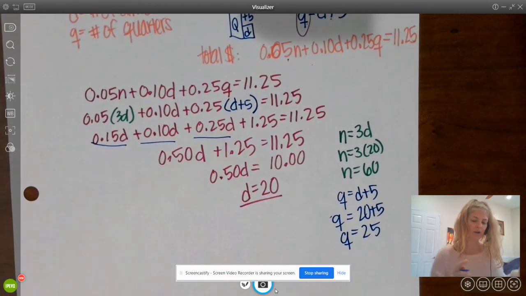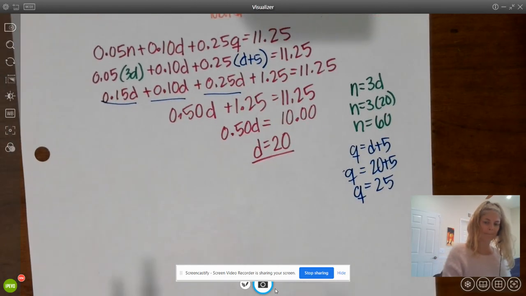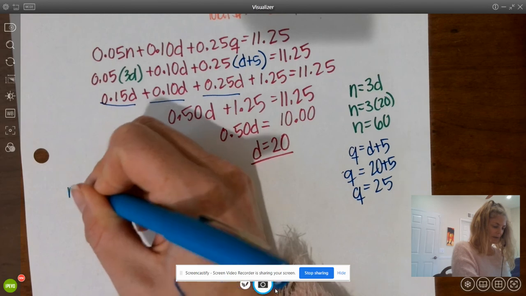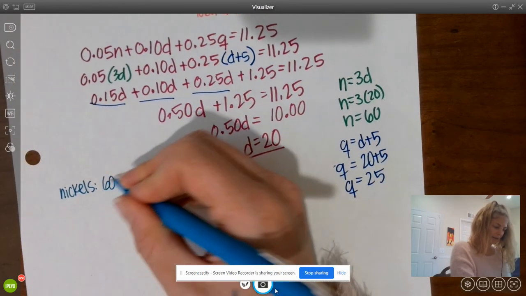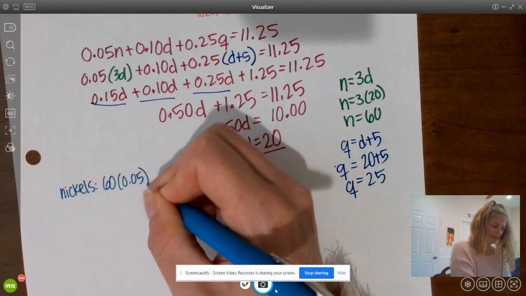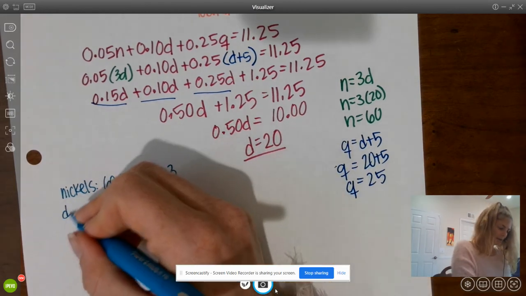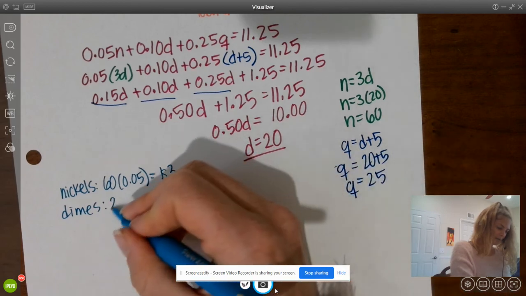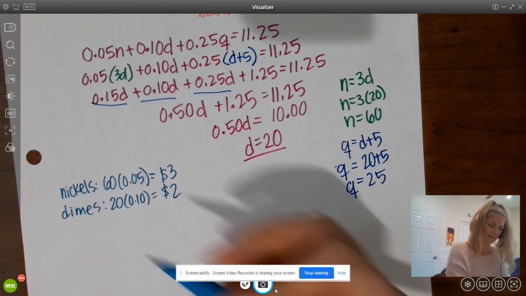And before I start writing my answer, I want to double check that this will add up to the right amount of money. So I can do a little verifying. So nickels, I'd have 60 of them times 5 cents each would get me $3. And dimes, I have 20 of them times 10 cents gets me $2.